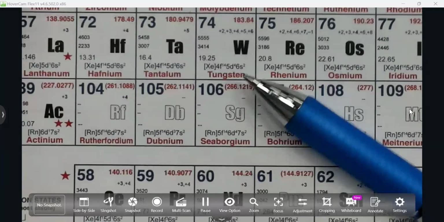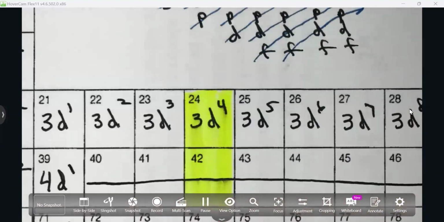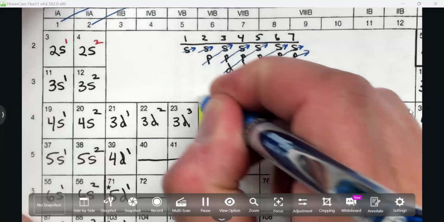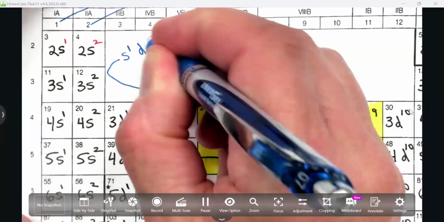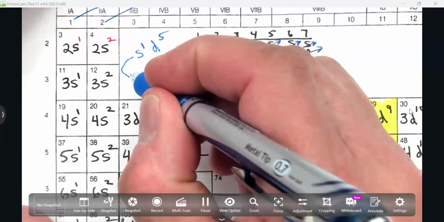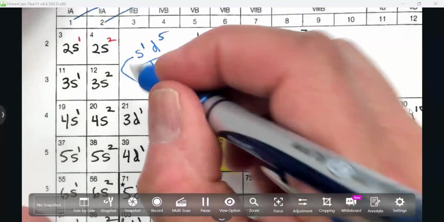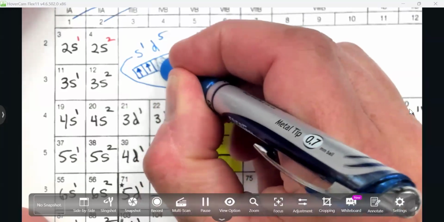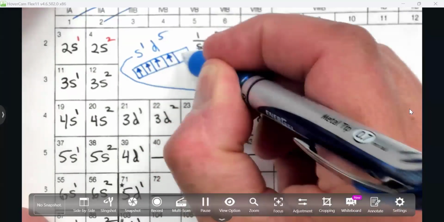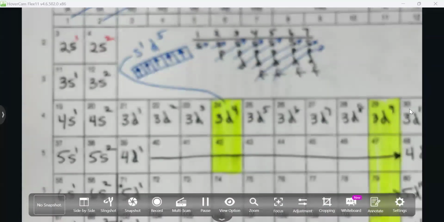Okay, so for this one, we know that this is S1D5. And what that does is it gives you this D5. 5 up or 5 down. It likes that.